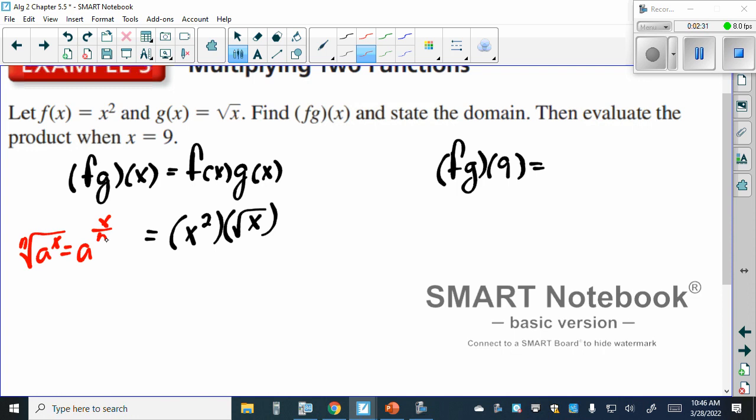And this is going back to our property that the nth root of a to the x is equal to a to the x over n. So we're going to rewrite the square root of x as a fractional exponent.